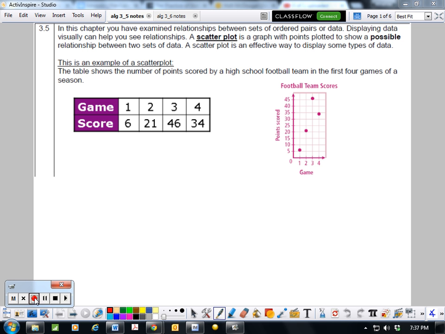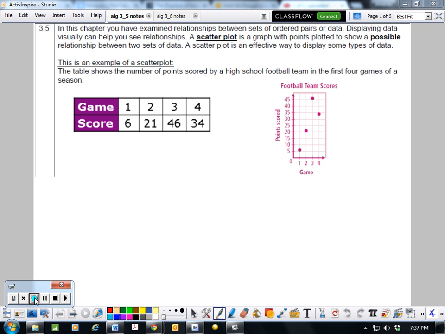And so when I'm plotting information on a graph and things don't really form a straight line, they don't really form anything that looks like a decent pattern, that's usually what we call a scatter plot. It's a graph with points plotted to show a possible relationship between two sets of data.